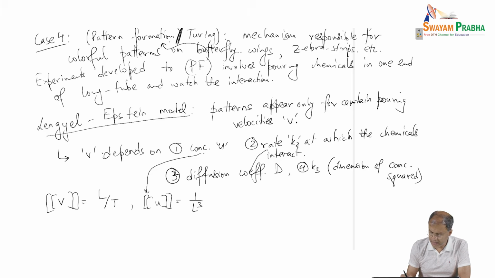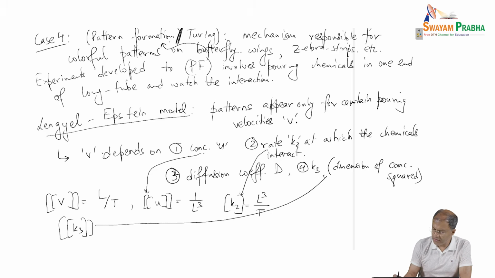Similarly, K2 is the rate at which the chemicals interact, so this is volume per unit time, with a dimension of L cubed over T. K3 has a dimension of concentration squared, so it will have a dimension of 1 over L to the 6. And finally, the diffusion coefficient D will have a fundamental dimension of L squared over T.